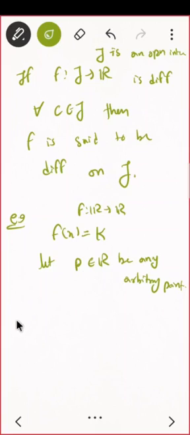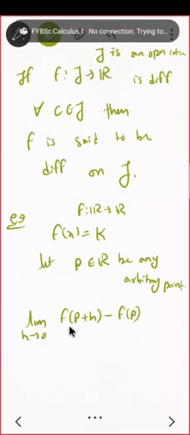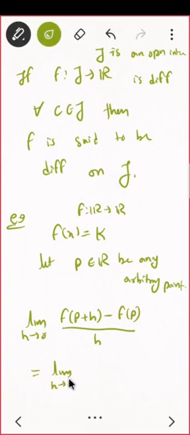So this is your P. What you have to find? What is the first principle formula? Limit h tending to 0 of f of p plus h minus f of p upon h. But what do you see? This is limit h tending to 0, f of p plus h, f of p, for everyone it is k, so it is k minus k upon h, that is 0. That's it. So this limit exists, do you see? And I have taken this p arbitrarily, that is I am not particularly taking a point.